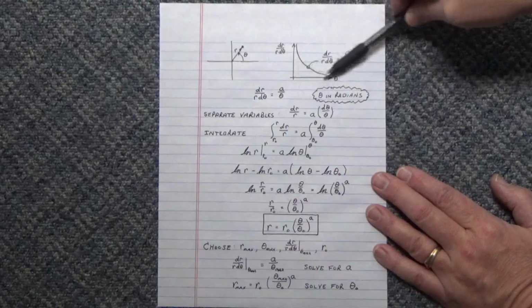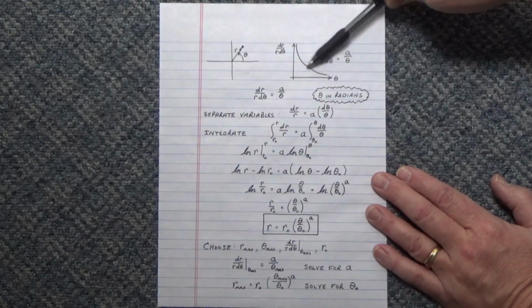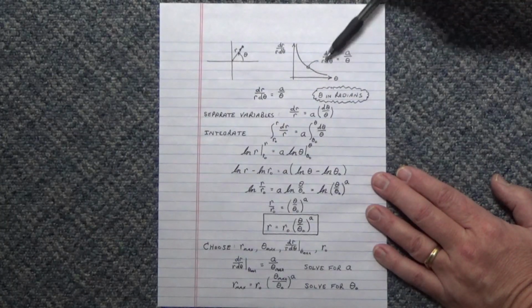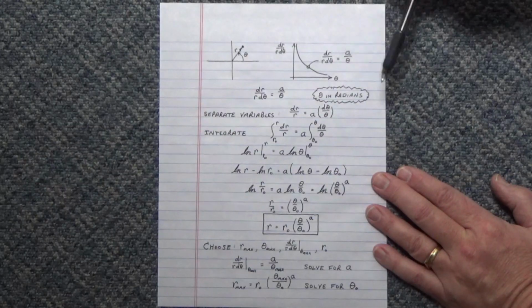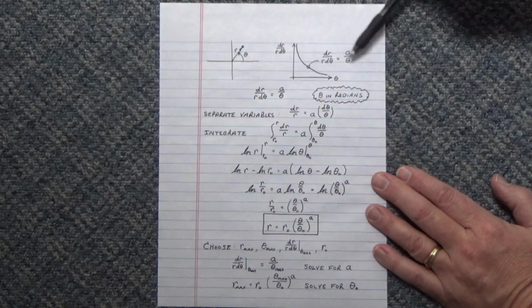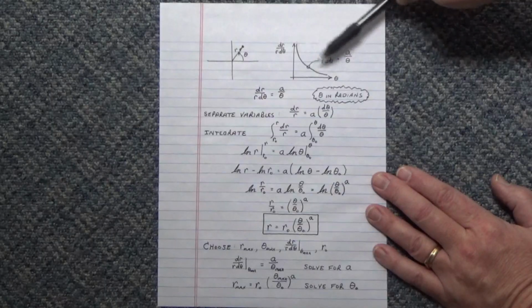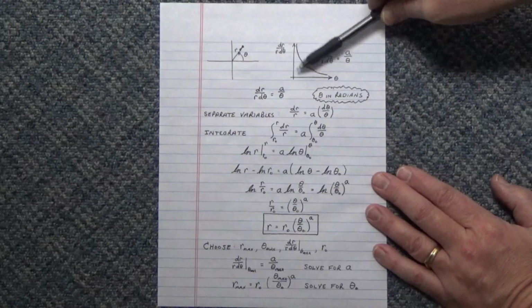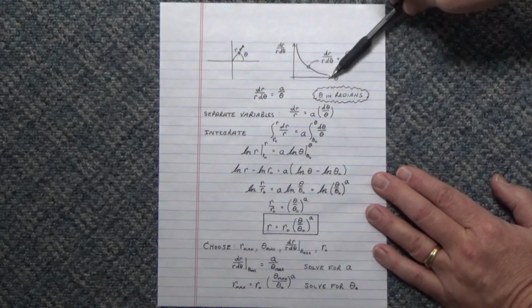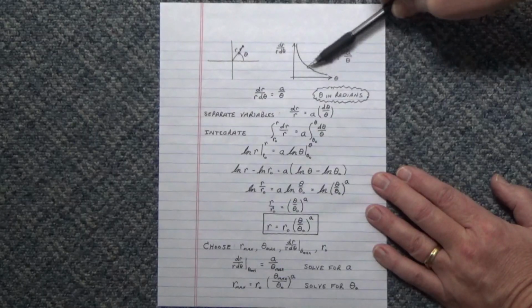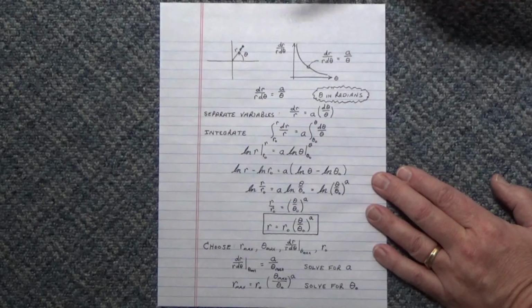So one curve that accomplishes that is the rectangular hyperbola, where the slope is just some constant value a, arbitrary, divided by theta. If you plotted y as a function of 1 over x, you get this kind of a curve, and that's sort of what I was looking for.